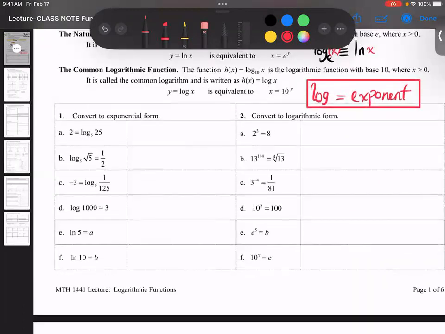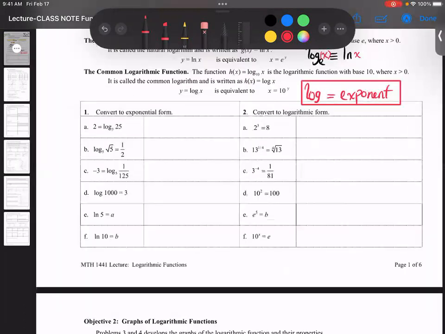Let's do number one first: convert to exponential form, meaning they want y equals b to the x. This is exponential. What is the base here?